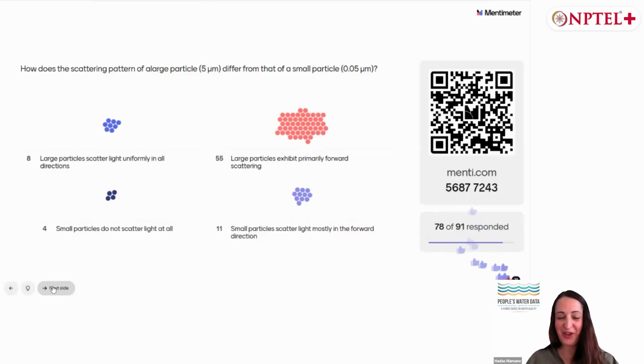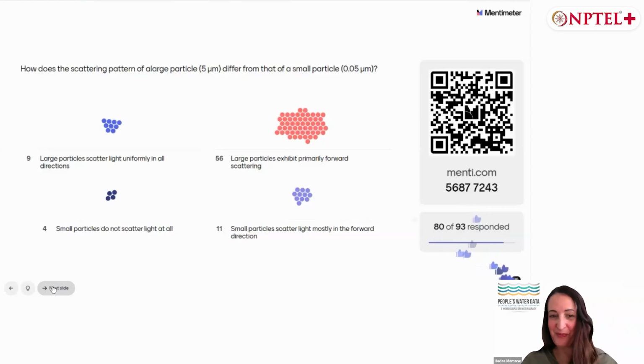Okay. So the way that light scatters depends on the ratio of the particle diameter to the wavelength. And Rayleigh scattering relates to small particles that scatter light uniformly in all directions, while large particles, which is Mie scattering, mainly exhibit forward scattering.